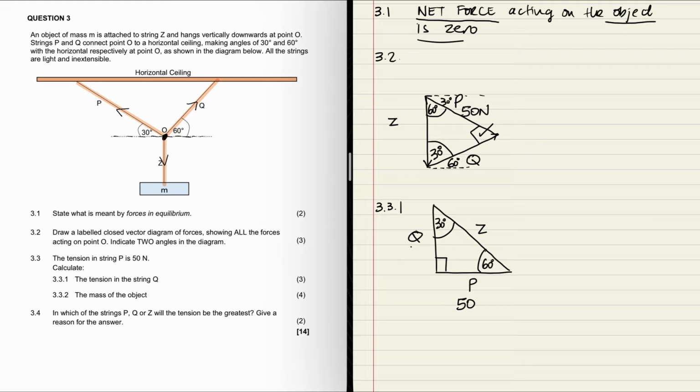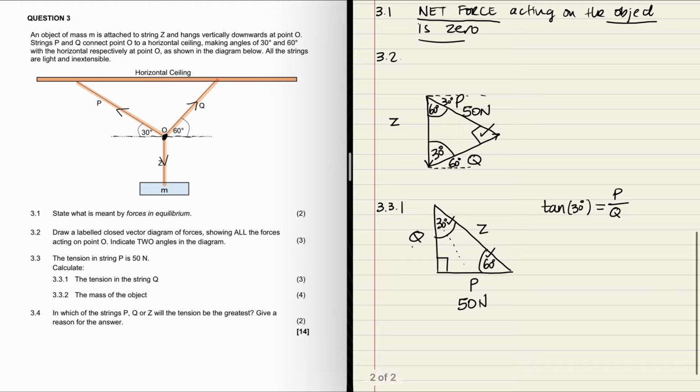So if we want Q, P is given to us, and we've got this angle 60, or we've got the angle 30 that we can use. So I'm going to use the 30 here. So I'm going to say that tan of 30 degrees is going to equal, now tan is opposite over adjacent, so opposite the 30 is P, so P divided by adjacent to the 30 is Q. Now if I want to solve, I can simply switch.